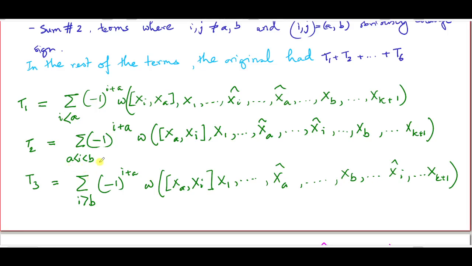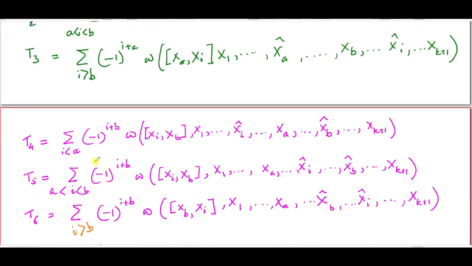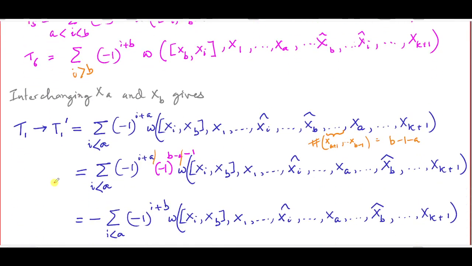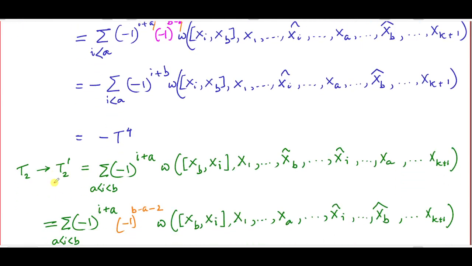Now, since this is a term where i lies between a and b, you expect that this is going to give rise to a term with similar limits here. That is T5. Well, essentially the same thing happens here, but one important point has to be kept in mind.